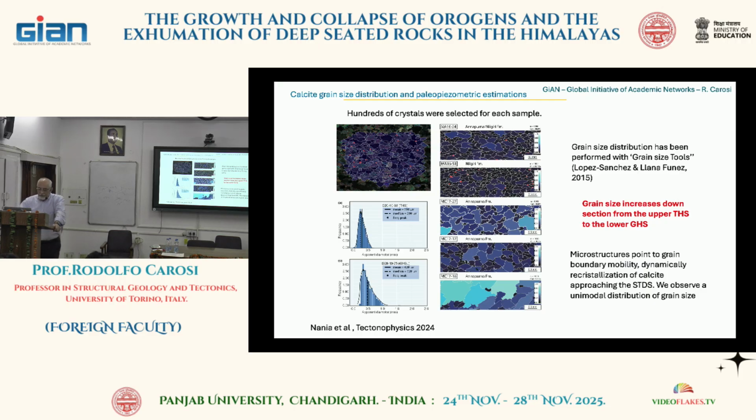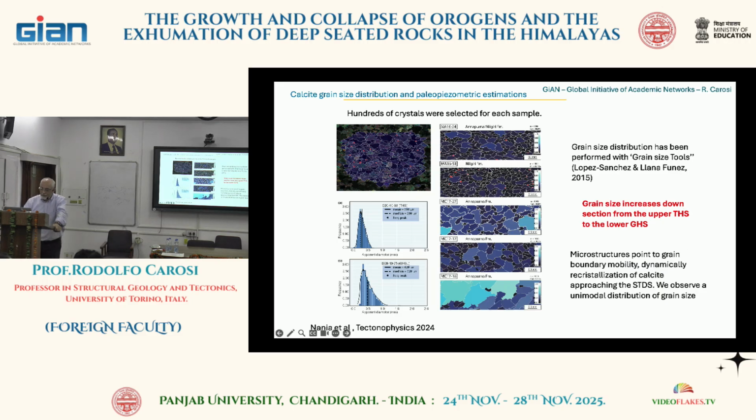We can use also grain size to gain information about the differential stress that deformed the rocks, because as you know, deformation characterizes a decrease in grain size, so much more stress produces finer grain size. So the grain size is related to the differential stress.